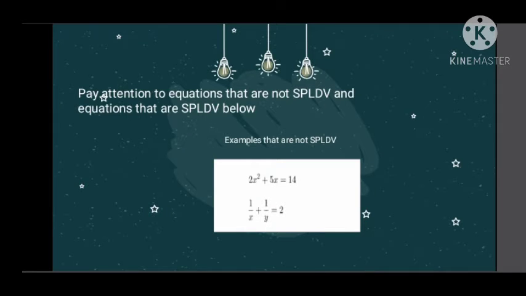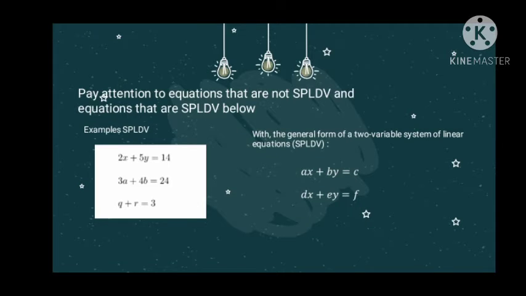Pay attention to equations that are not SPLDV and equations that are SPLDV below. Examples that are not SPLDV: 2x squared plus 5x equals 14, and 1 over x plus 1 over y equals 2.